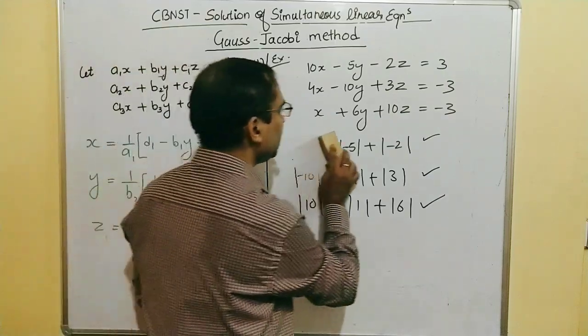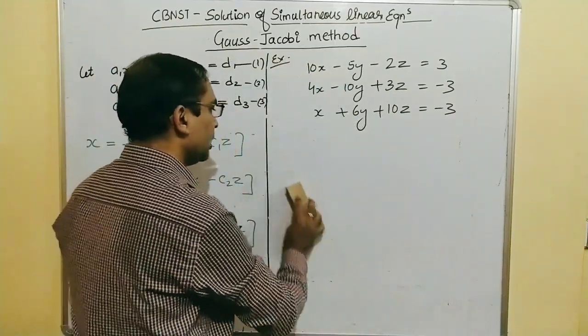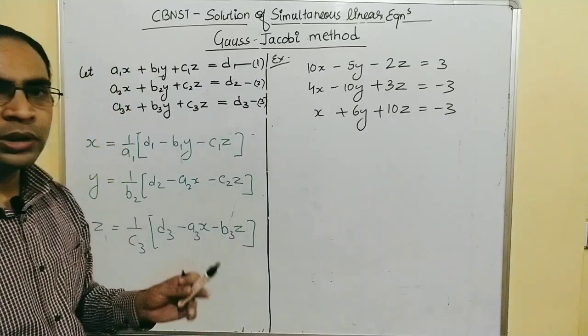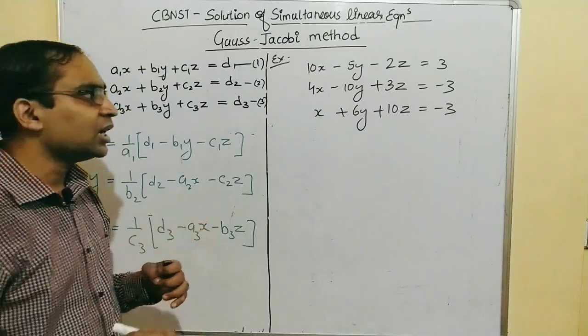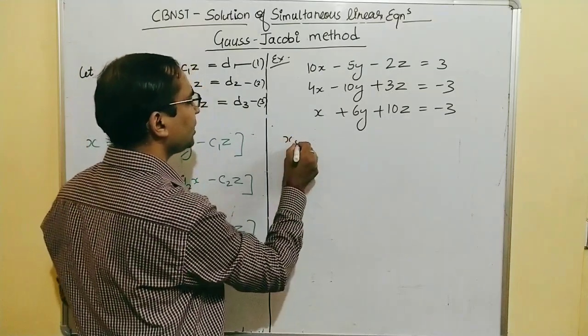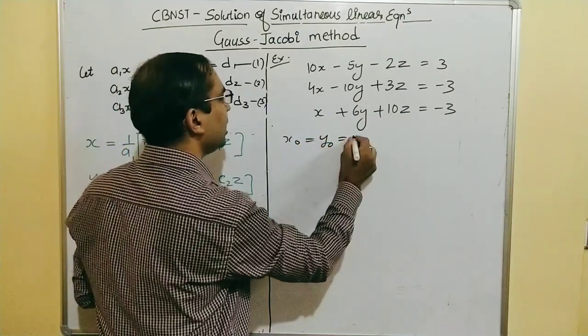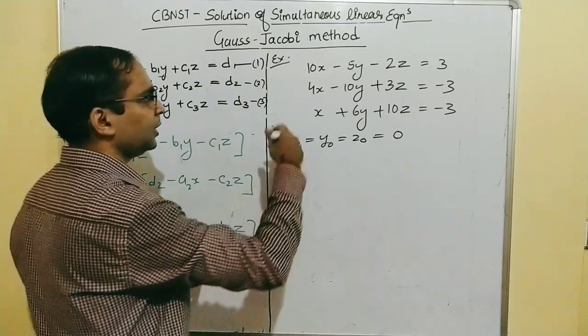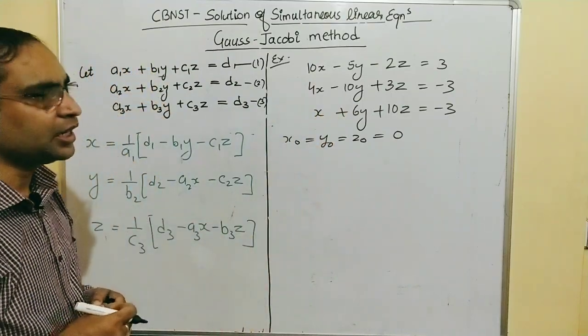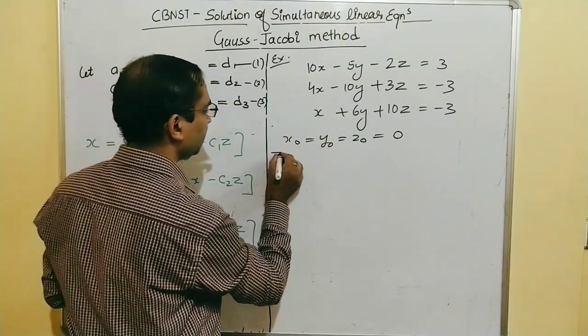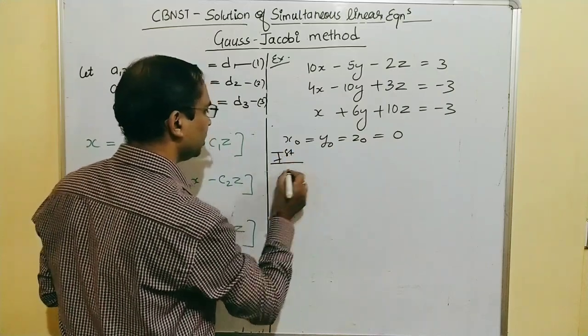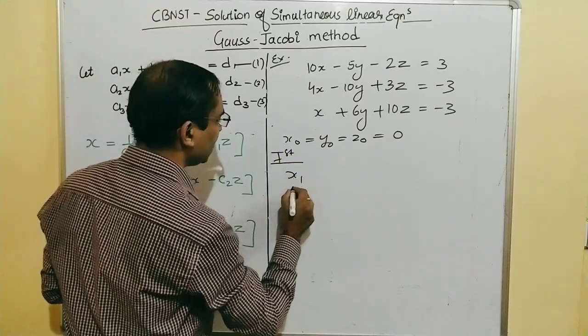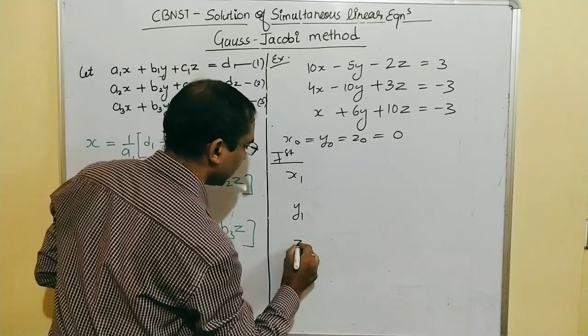Now let's begin with the first iteration. As in the question, no initial values of x, y and z are given, so we will take x0, y0 and z0 as 0. If they had been given in the question, then we would have taken those values. In the first iteration we find x1, y1 and z1.